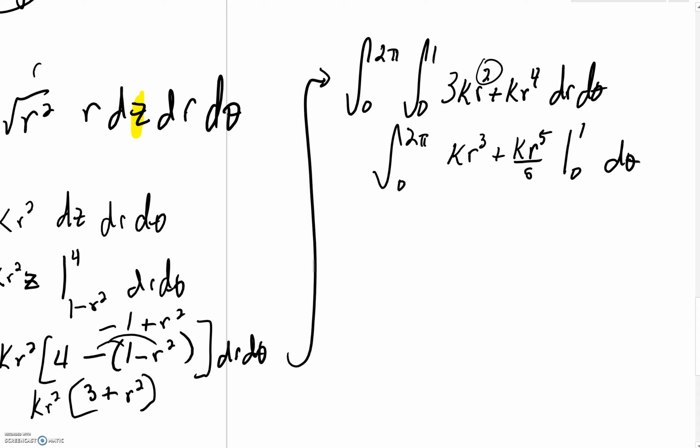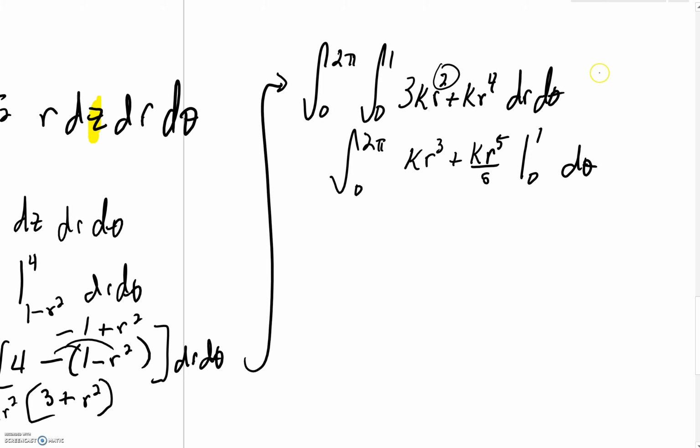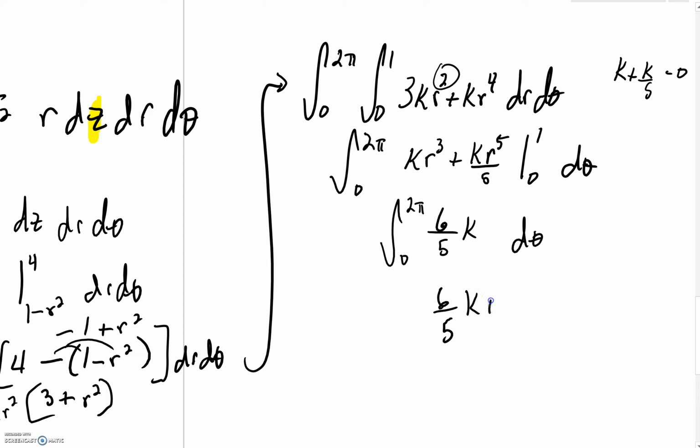So when we plug in our 1, I think you can quickly see that you're just going to have a K plus K over 5 minus a 0. And that's going to be 6/5 K. So we're almost there. We're getting very close. The antiderivative will have 6/5 K theta, evaluating between 2 pi and 0.